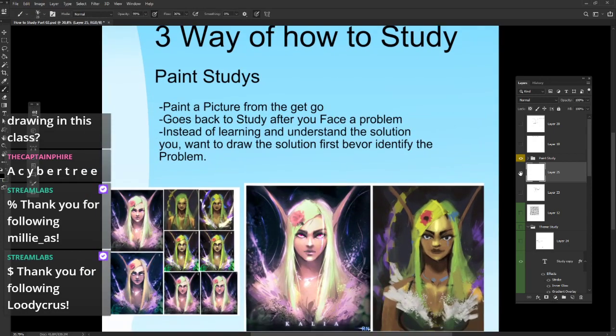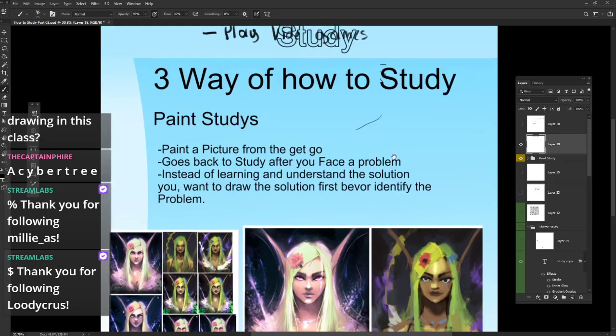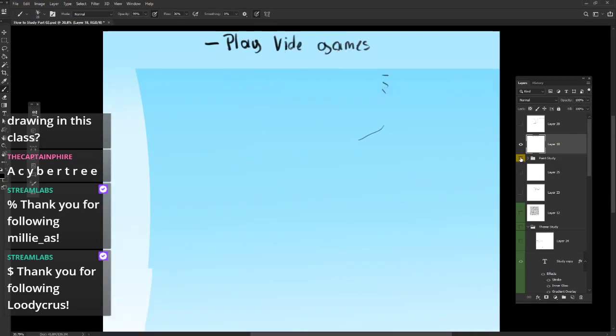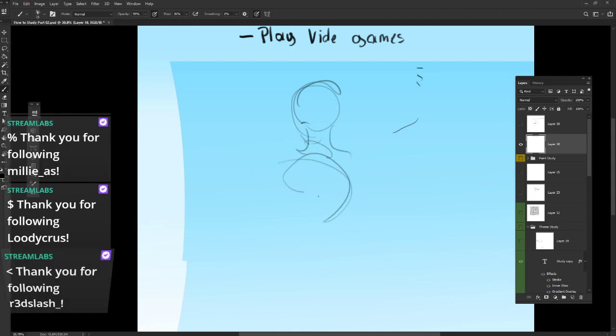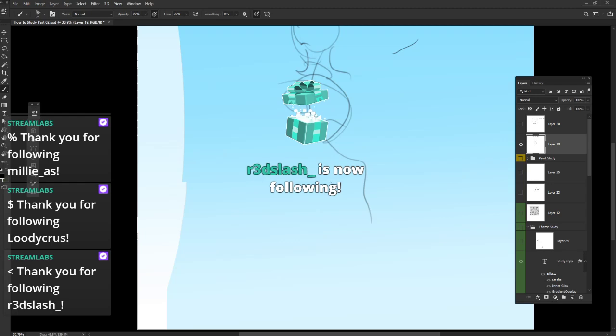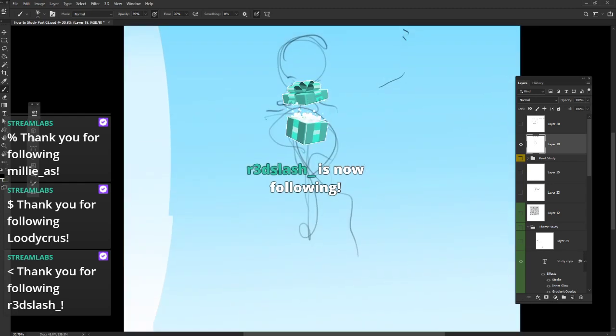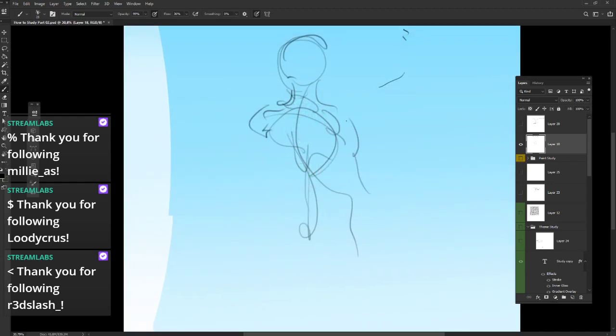Because I don't know sometimes, and let me see this from the perspective of you guys. I don't know what to draw. It's just a character. Okay, just a character. We draw this character.